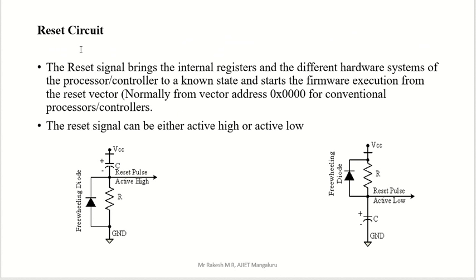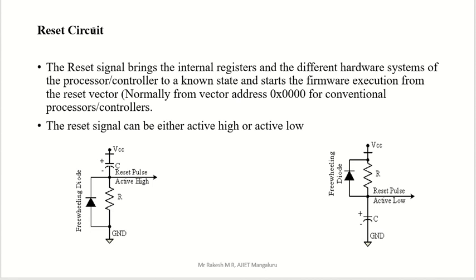Other system components. The first one is the reset circuit. The reset signal brings the internal registers and the different hardware systems of the processor controller to a known state and starts the firmware execution from the reset vector.